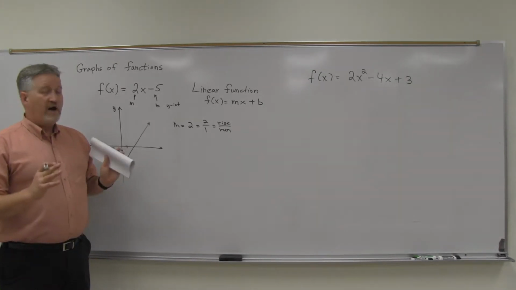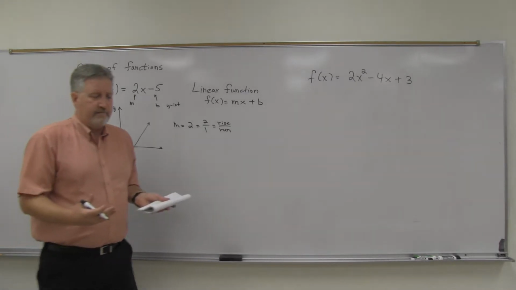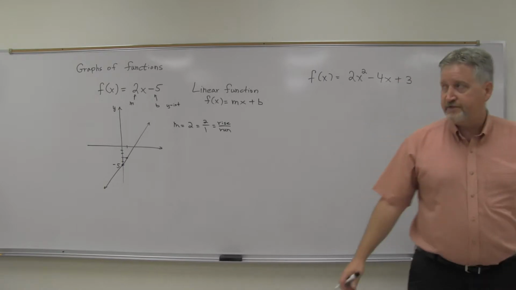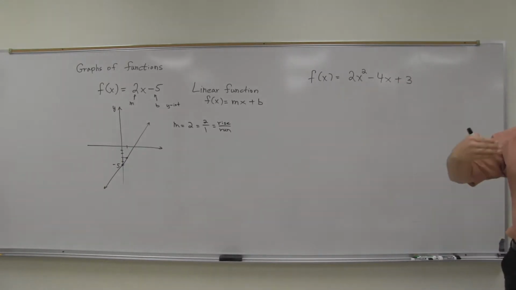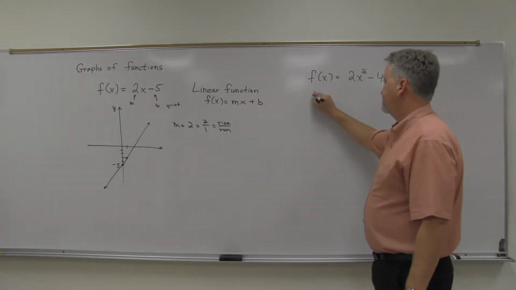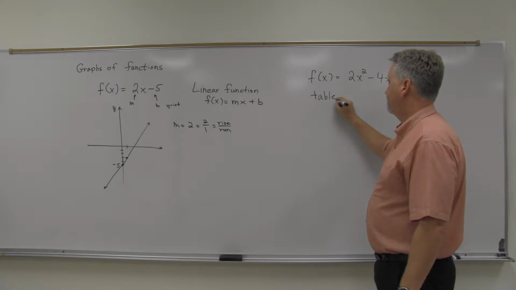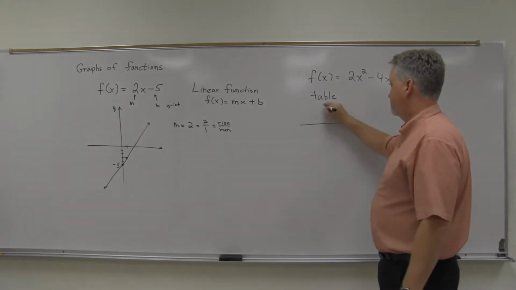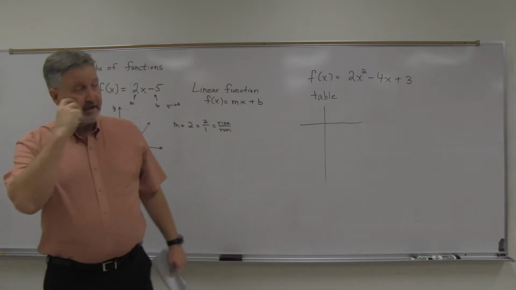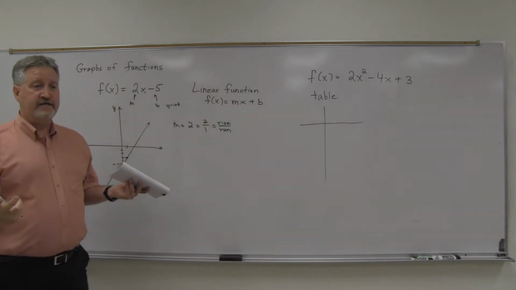But for right now, since I'm not aware of what this shape should be, one option always for graphing is to use a table. A table always comes in handy.